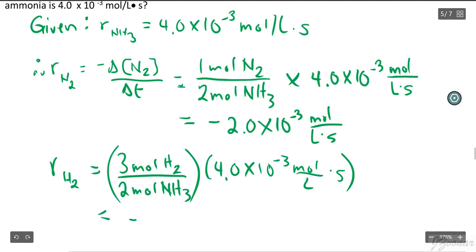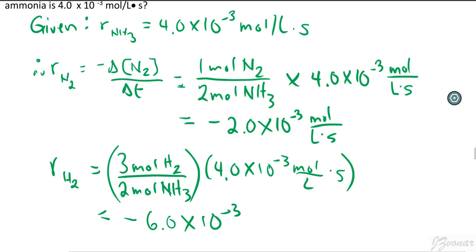And when I work it out, once again, I'm going to include my negative because it is the reactant that's being consumed. And it equals 6 times 10 to the negative 3 moles per liter per second.